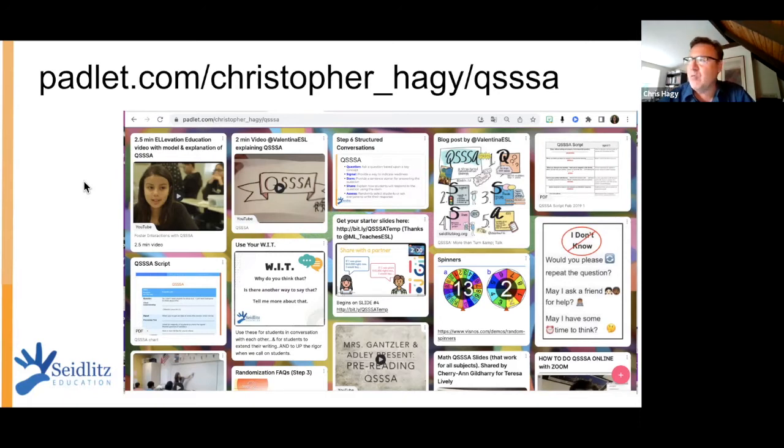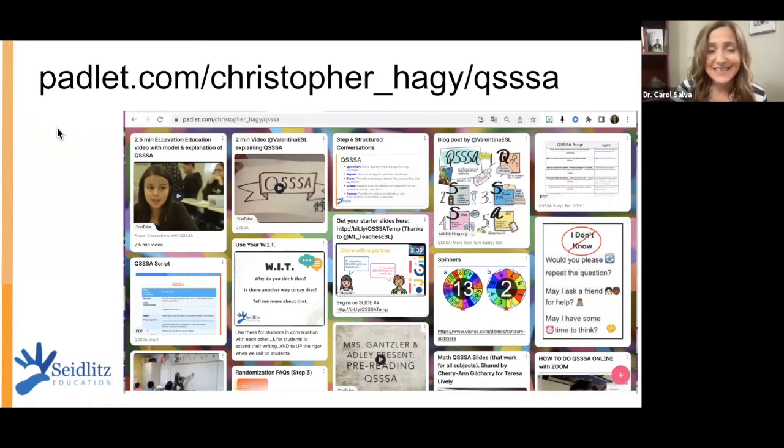So depending upon where your comfort level is, this Padlet gives you a number of entry points, or if you're already using it, a way to try something different. I believe that this is a fantastic strategy, and I appreciate you wanting to help me share out what we're doing in Charleston. 100%. I mean, that's the reason I have Chris on the show.